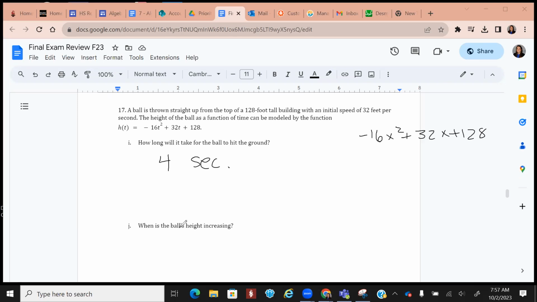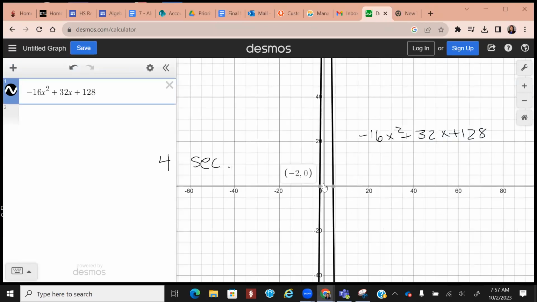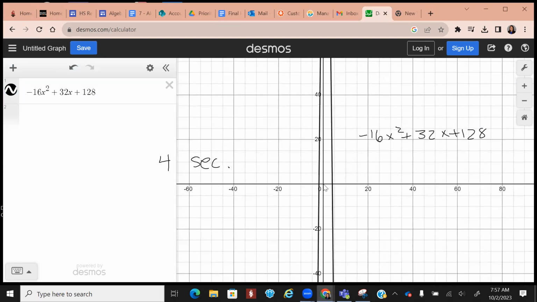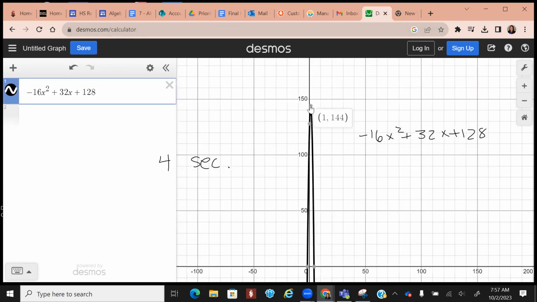Now, when is the ball's height increasing? So when is it going up? Well, let's look. It starts from 0, because remember, we can't have negative time, so it's not back here. We go from 0, and it's going up. And we need to look at what's the maximum. Maximum is 1.